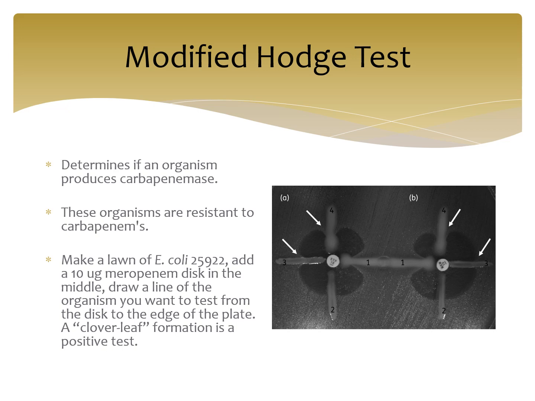Then we put a meropenem disc right in the center of our plate, and then we take a sterilized loop and we make 4 lines of our organism that we're actually testing. If you get a clover leaf pattern like you can see denoted by the 1 in the image, it means that our organism is resistant to the carbapenem drugs.